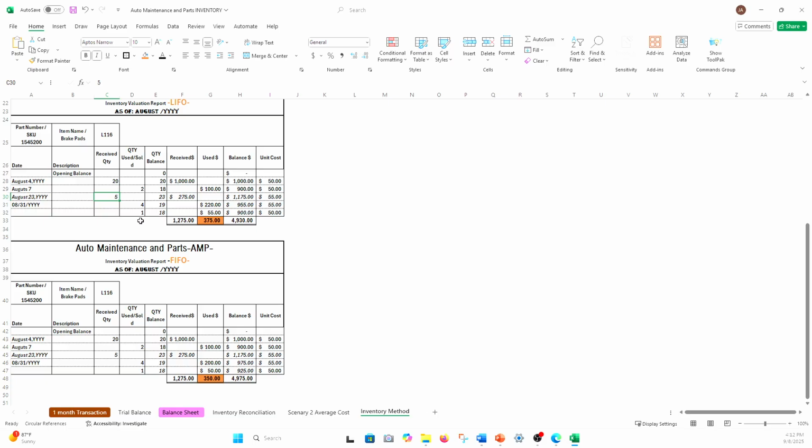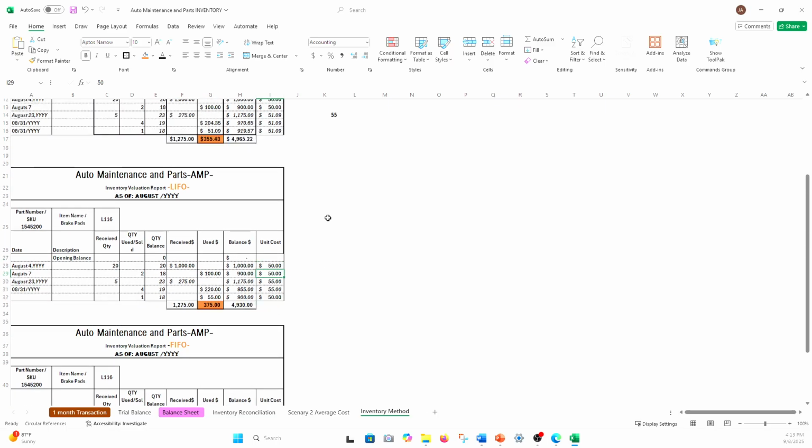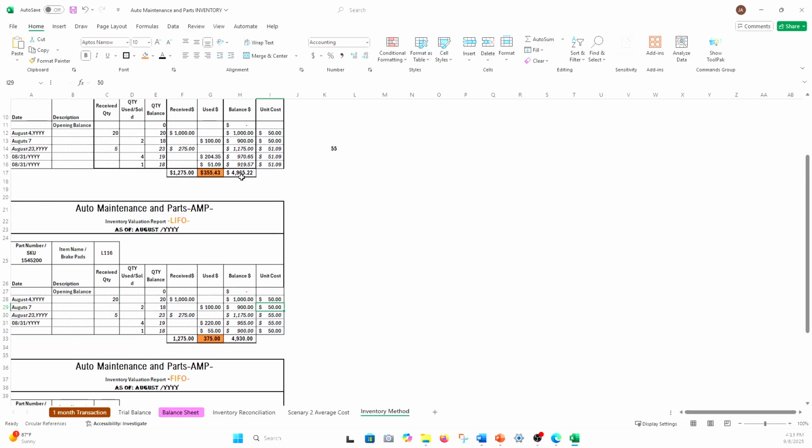That means if I sold one more item, that's going to come out of this inventory at $50. So one thing that I want to point out here is the cost of sales. My cost of sale in average cost here was $355.43, and here for the same item, same activity, is $375. That's one of the big differences.